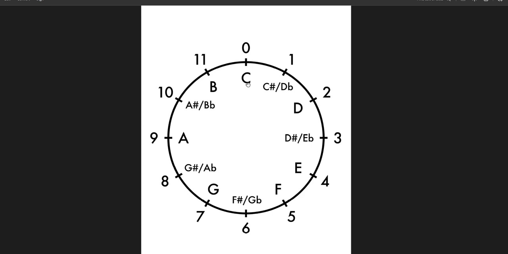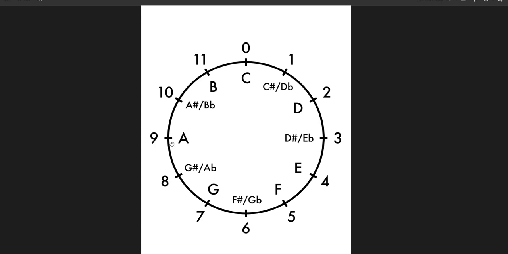So let's take the G string, and we'll go down here to G, and each one of these represents one fret on your instrument. So the next note is G sharp, that's the first fret.